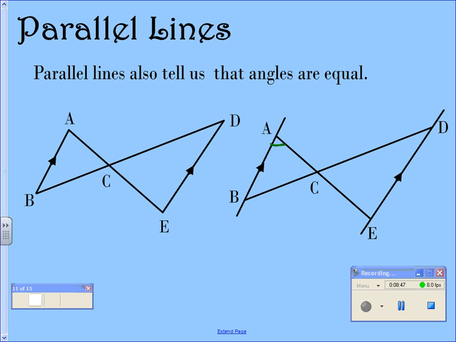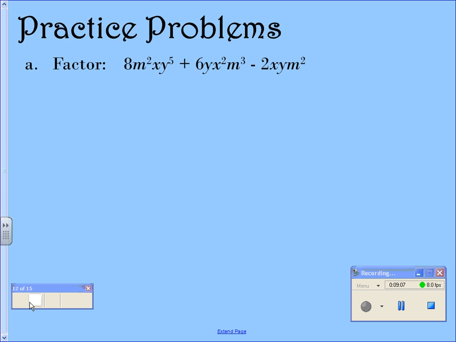Angle E. And what angle is this one congruent to? And then what do we know about these two angles? They're vertical, and so they are congruent. Does that make sense? So the two sets are still similar, it's just using different information. That's all it wants you to know about those.